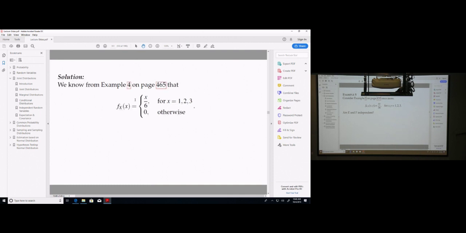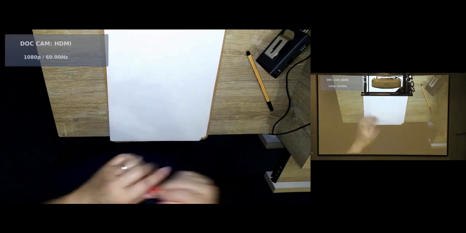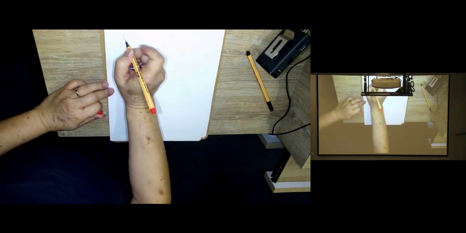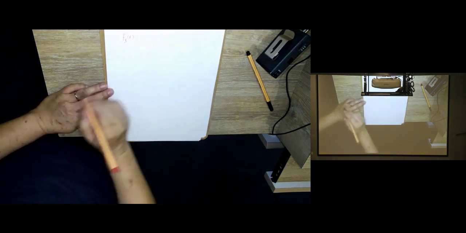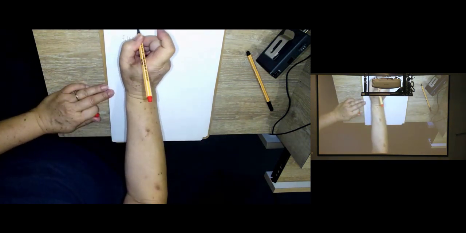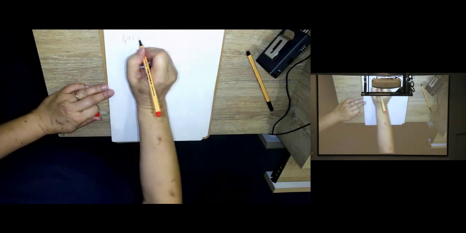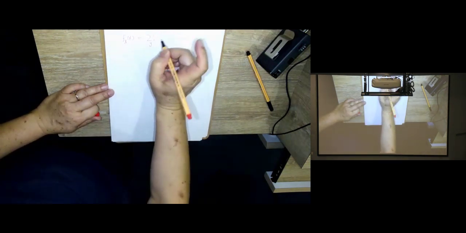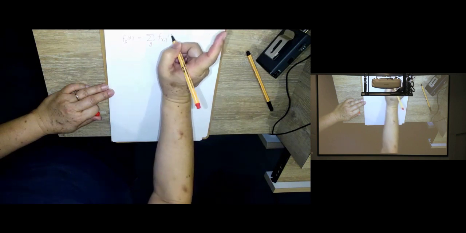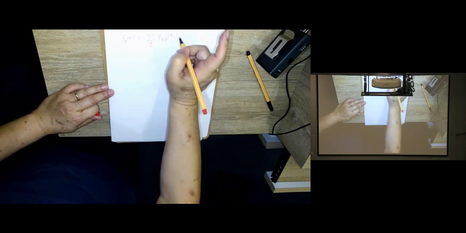But here there is another way to say this. I don't know whether it was worked out on slide 465, but there is no harm to do it here. I'm interested in calculating this, but we restrict x to be 1, 2, 3. By definition, we have to add up all the y. Small x is fixed, and then my y is changing, so I'm adding up all the different y.